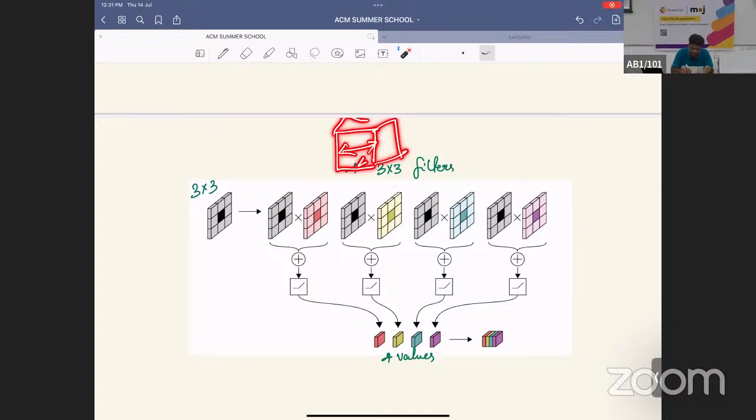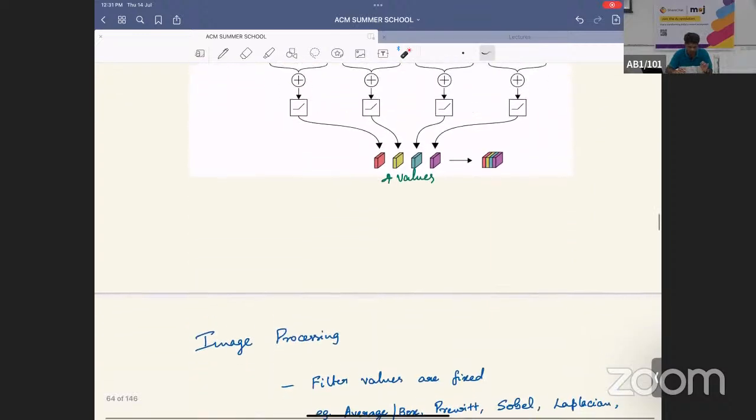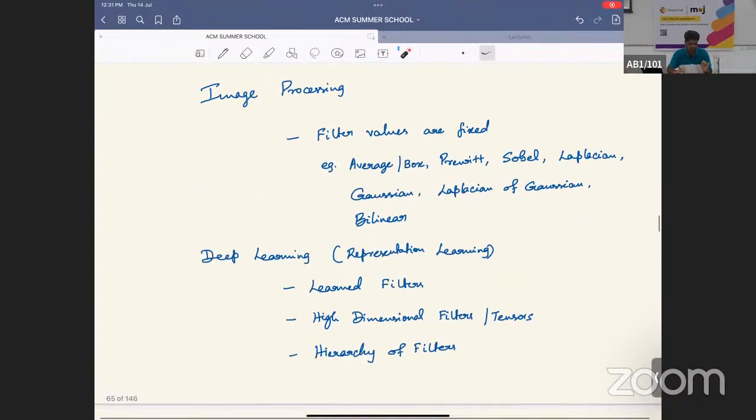So this is 4. You take the first slice and take an inner product with the input, then take the same input and take an inner product with the second slice, and so on. Then you will get 4 output values. This is another variation. We'll see some classical networks, so then you will be able to figure out which is what. Okay. So the basic idea I want to point out is the image processing, or the computation in the traditional sense.